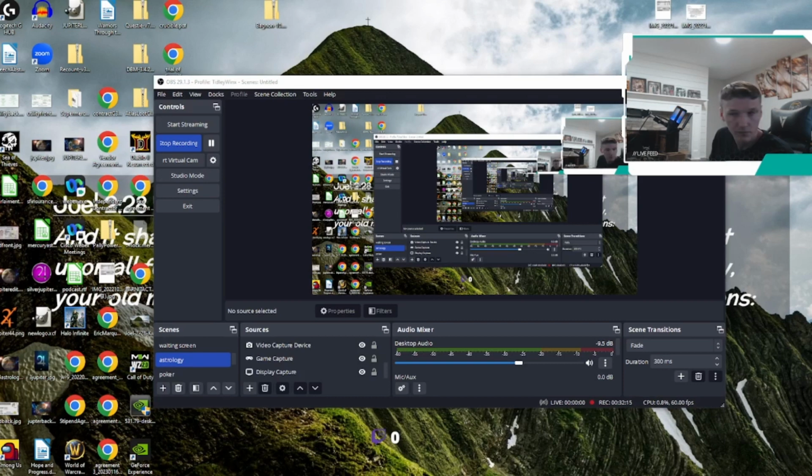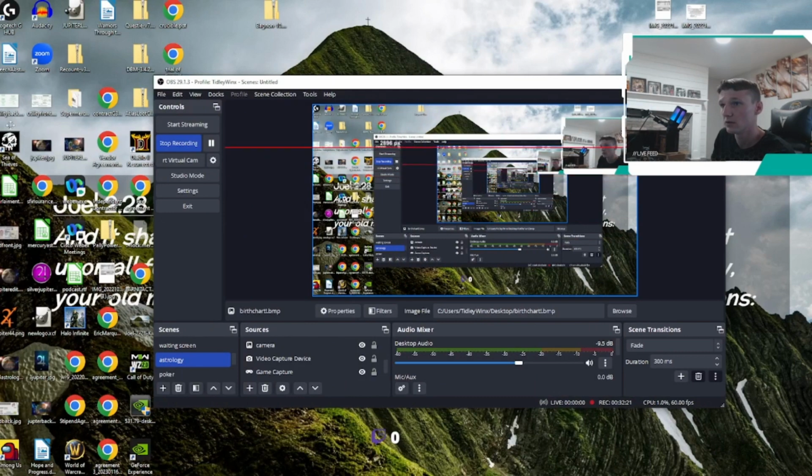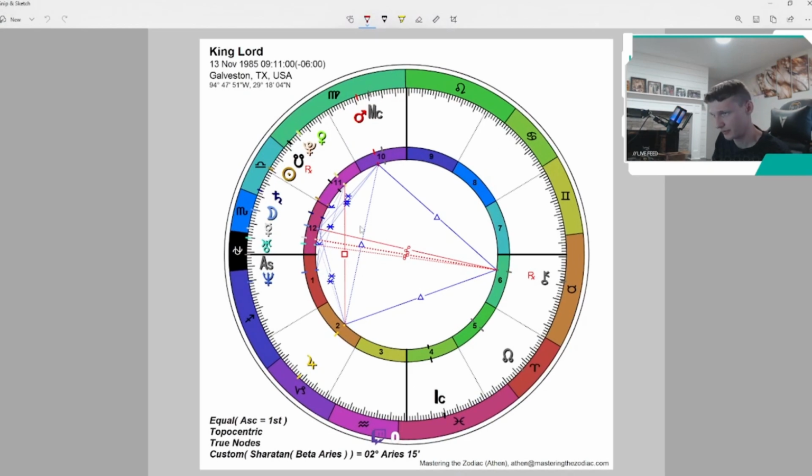Oh, there it is. Oh, no, I don't want to put that there. Dadgummit. Okay, this is a sidereal chart.